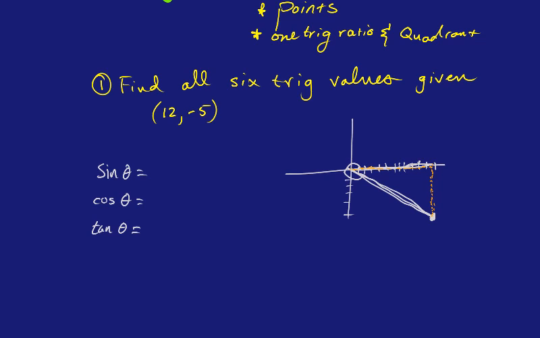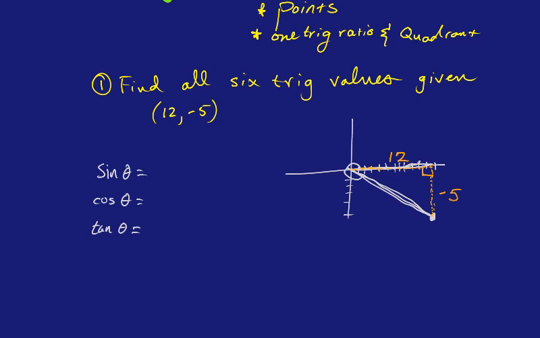Then in this triangle you can fill in the information and find what you need. The vertical part would be -5 because that's the y value, that's how far I went down, and the horizontal part of that triangle would be 12 because that's how far I went over to plot the point.